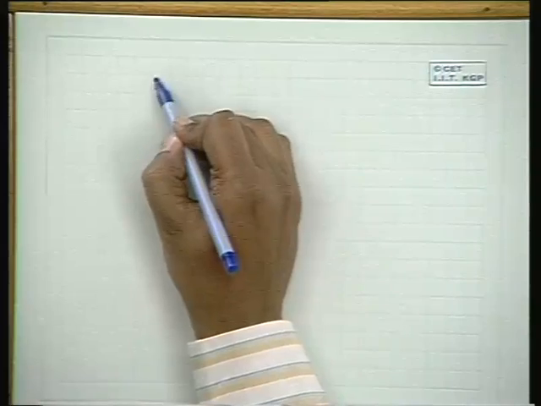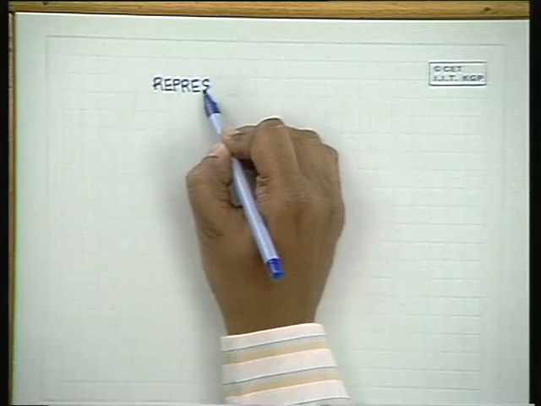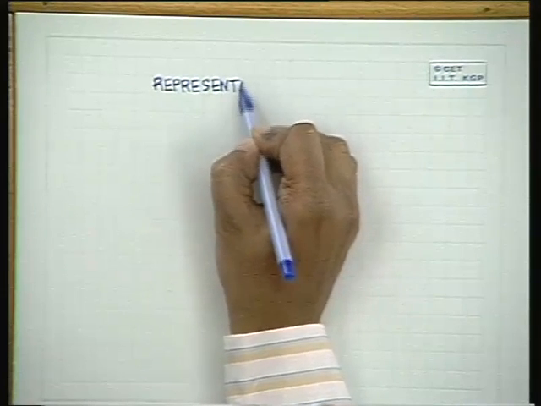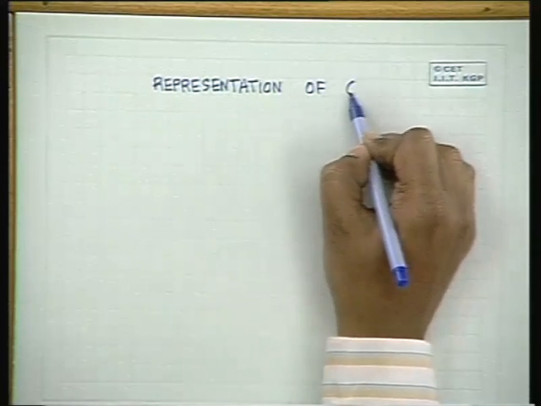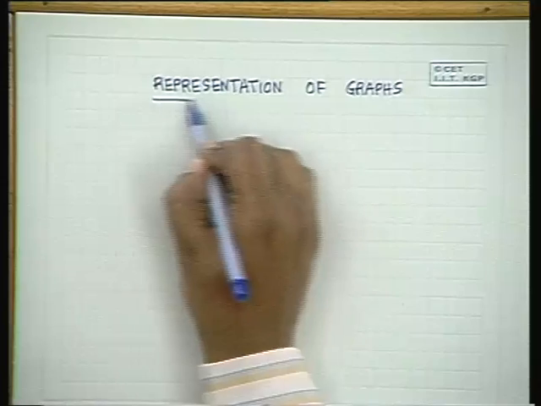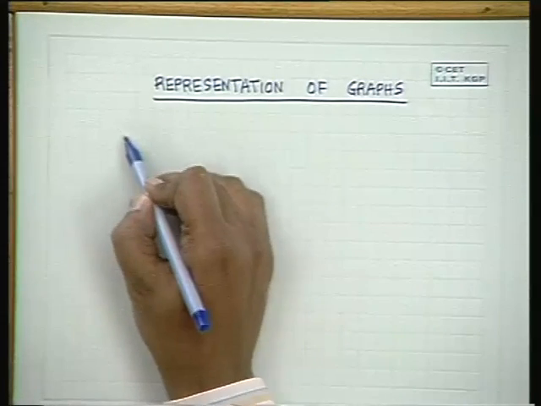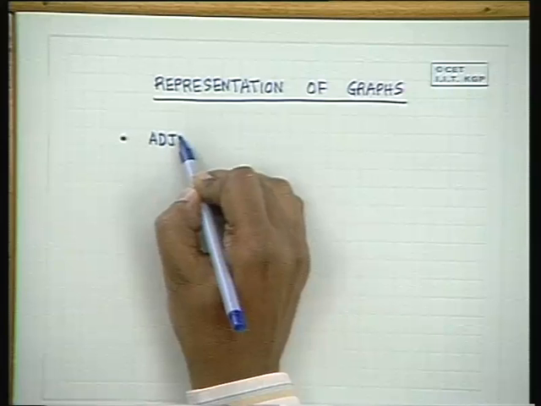In graphs, we have seen how to represent graphs. We saw that a graph can be represented by an adjacency matrix.